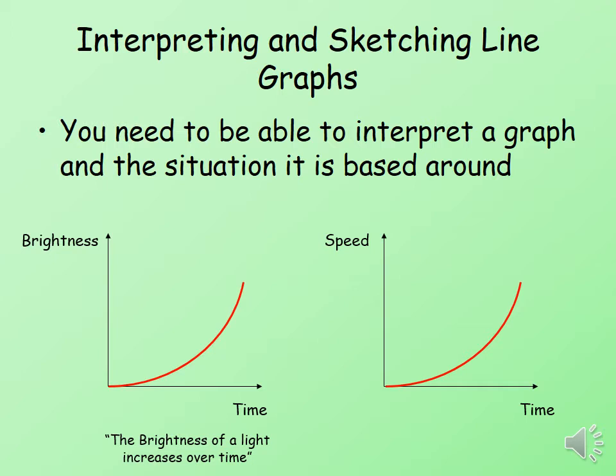I'll give you 5 seconds. Okay, so I hope you wrote something down. It's along the same lines really, except we're changing brightness to speed. The speed of a car is increasing over time.